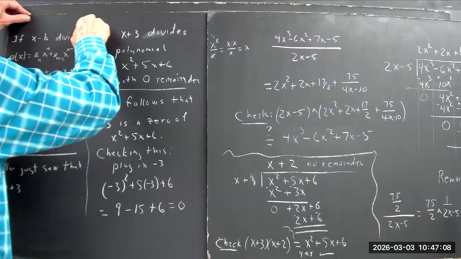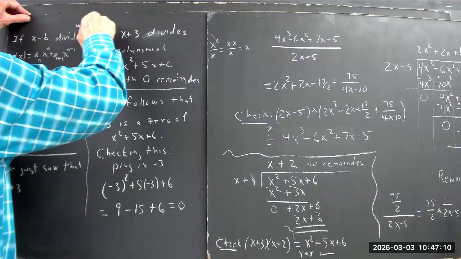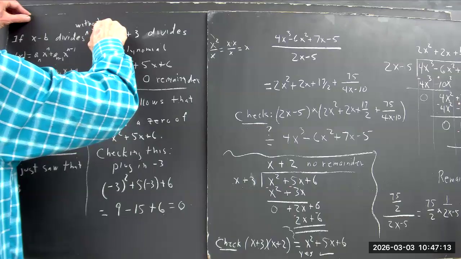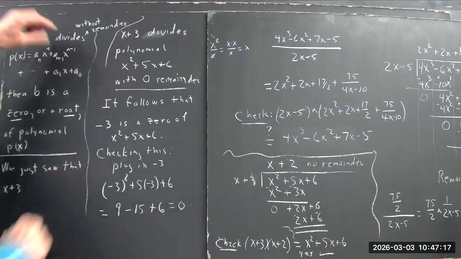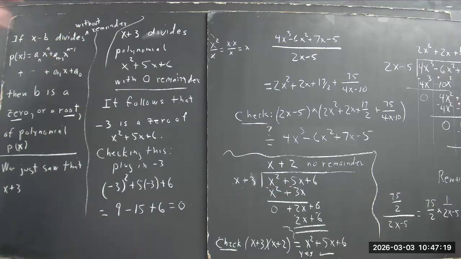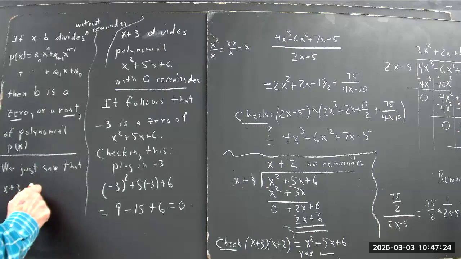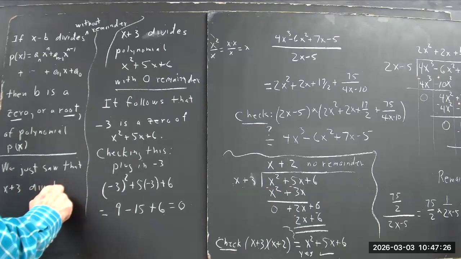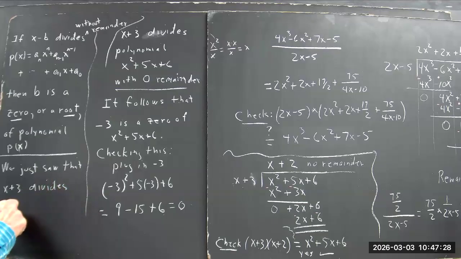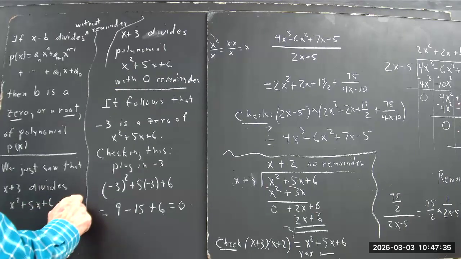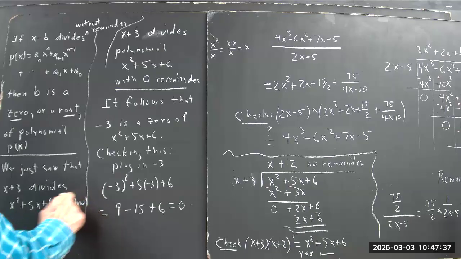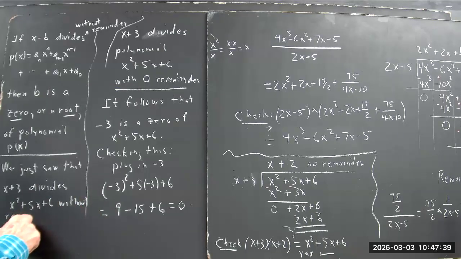So I'm going to emphasize without remainder. Although it's not absolutely necessary to say without remainder. Right now, we want to remind everybody it's without remainder. We just saw that x plus 3 divides x squared plus 5x plus 6, without a remainder.